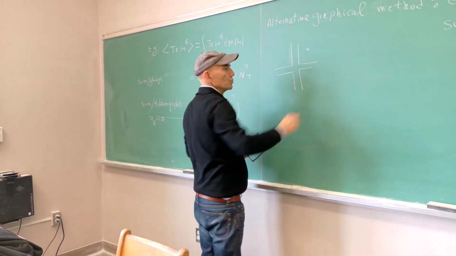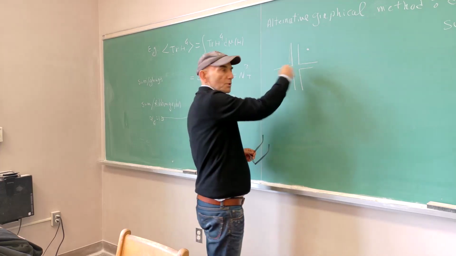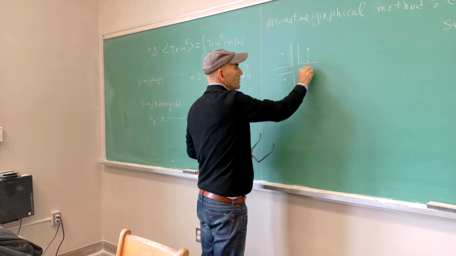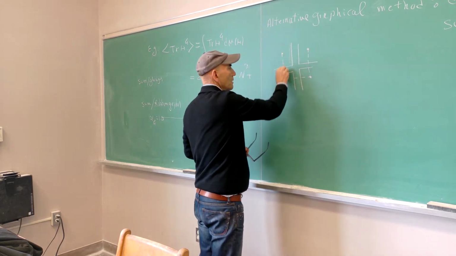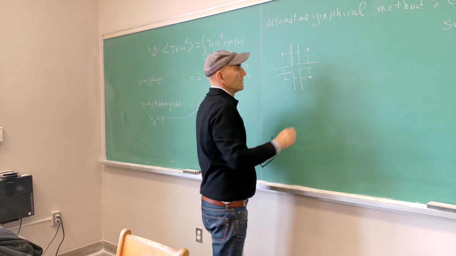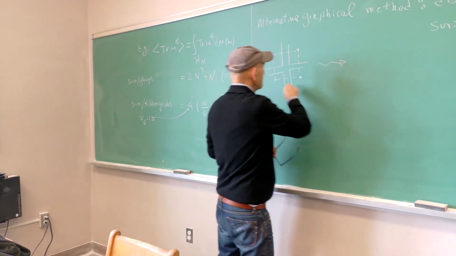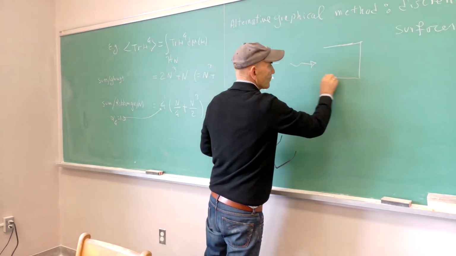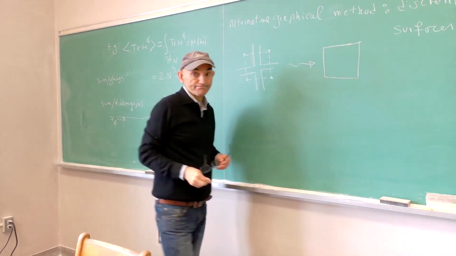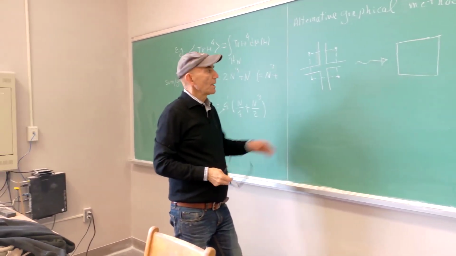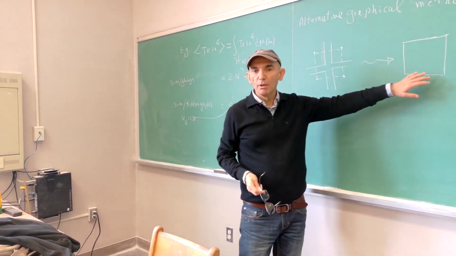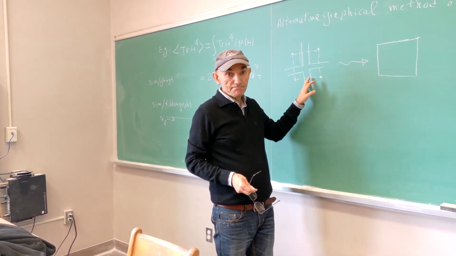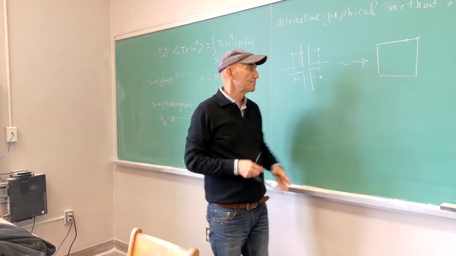You can just choose points in the complementary places here, here, here, and connect. Then you can replace this by a square. And we see this as the dual of this 4-vertex.